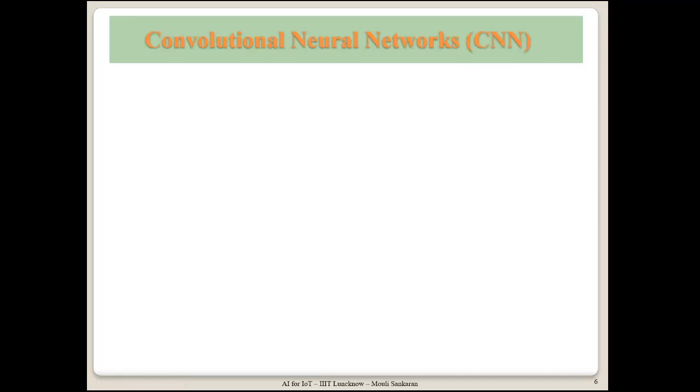Now, I'm sure all of you might have studied CNNs in your course. I think you had a neural network course, but I thought I would still give you a very high level overview. You know that a CNN is a multi-layer neural network with each layer having multiple neurons or computing elements.